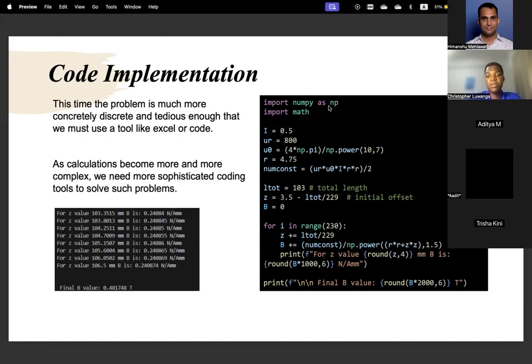I think it's better if you explore this yourself, but quickly to share what's going on here: we're using a library that we've used in the past, which is NumPy, to do some mathematical manipulations. All of this code, the goal is just to calculate, okay, what is the B? B in this case being the magnetic field. So we change a few parameters, then we look at what is the B that we're calculating. Okay.